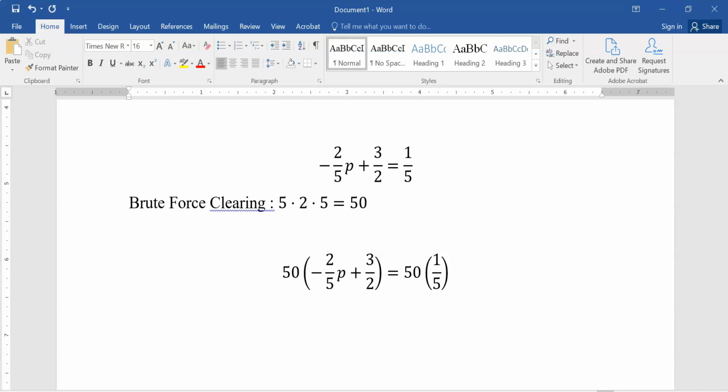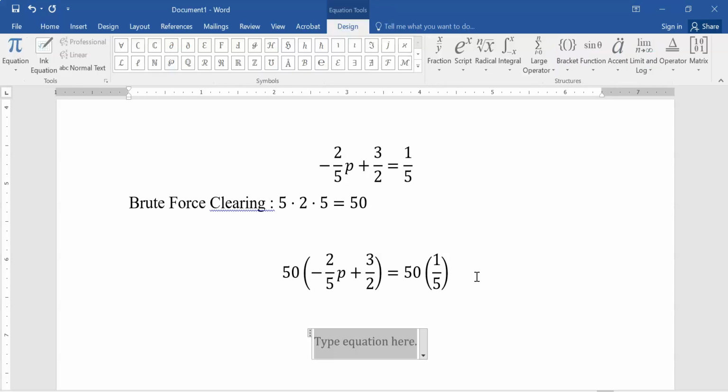I'm typing this into my calculator. I ended up with -20p, plus, when you take 50 times 3/2, you end up with 75. So that's what I get when I distribute the 50 into the left-hand side. The 50 multiplied by 1/5 gives me 10. And there you go.